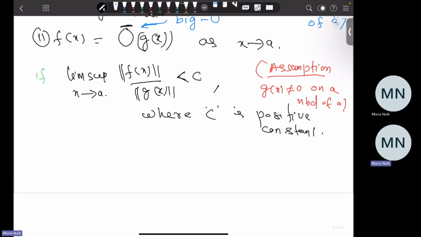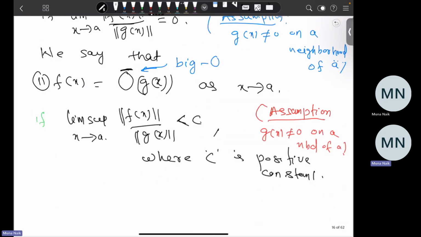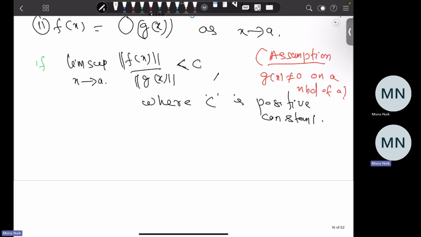So what I am saying is that f(x) is big O of g(x) as x tends to a if lim sup as x tends to a of norm of f(x) by norm of g(x) is less than c, where c is a positive constant.